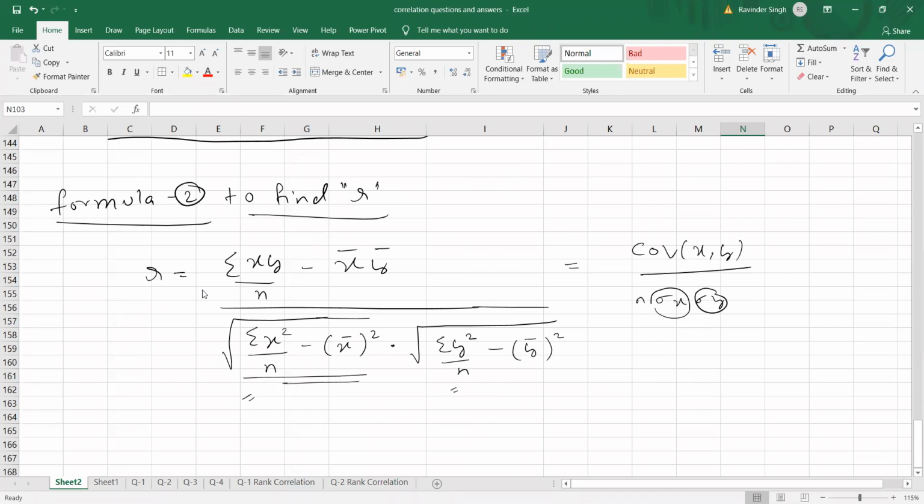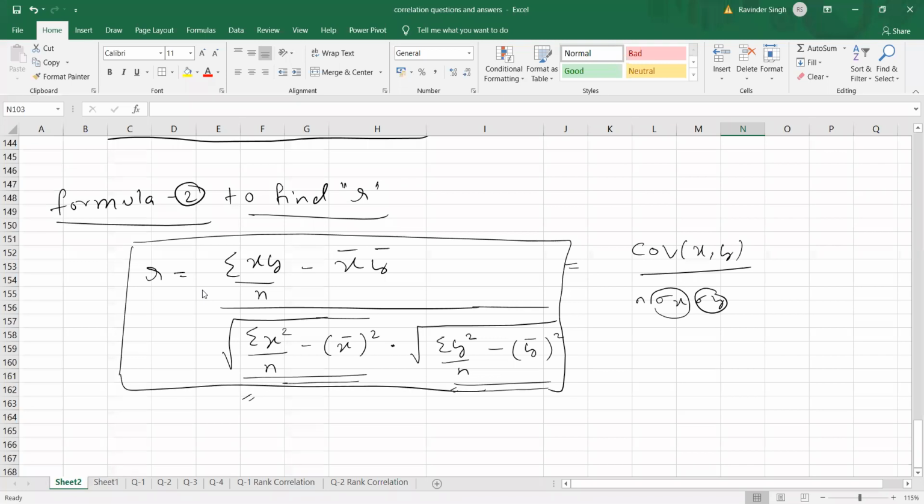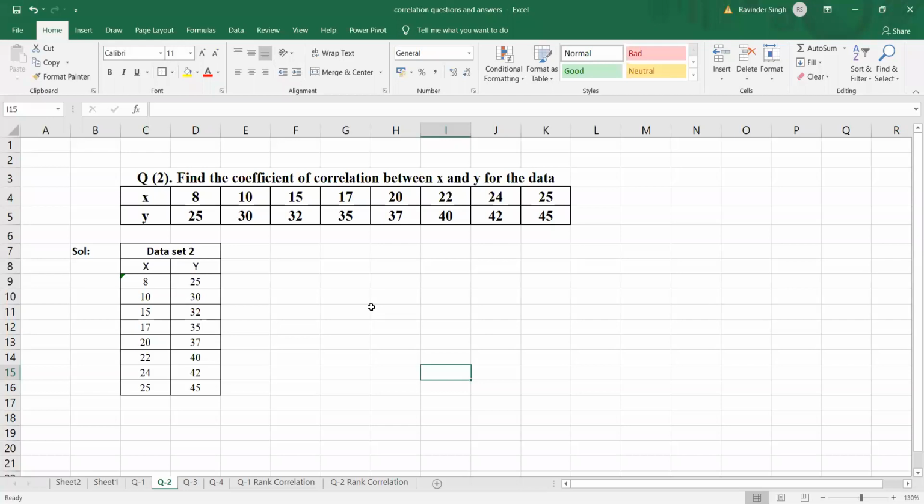Similarly in the y also, if you apply a minus b whole square and split, you will get this set of formula. So this is another formula to find R value. One second guys, hold on. Okay, take the snapshot of this and work it out.